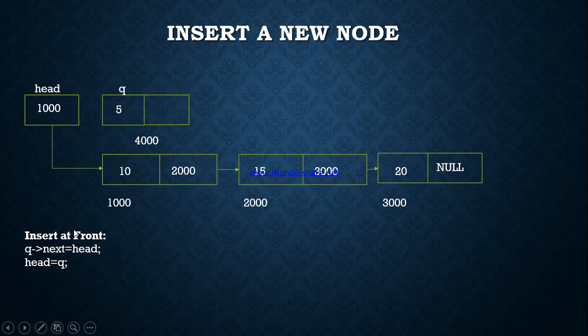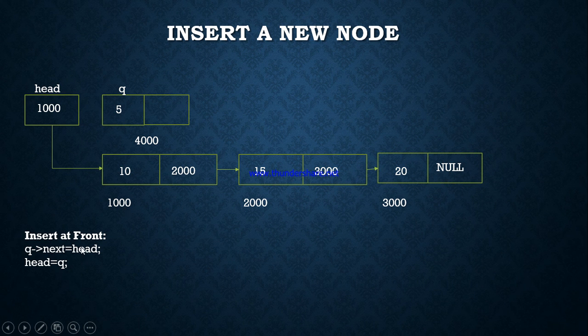So our logic to insert at front is q of next. This is our q node, the node we want to insert at the first position. The node is marked as q. Now we want to insert this node before 1000. So q of next, that means this next portion will store the address of 1000.